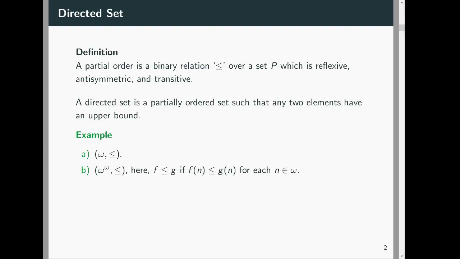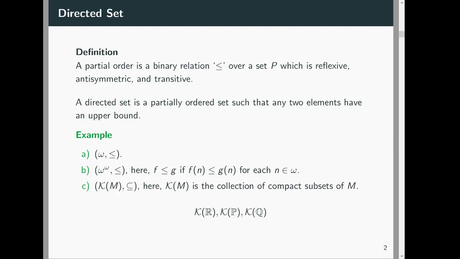And the general one here, which is the collection of compact subsets of a separable metric space, for example, K(R) and K(P) and K(Q). So I like to use the set of real numbers, irrationals, and the set of rationals.